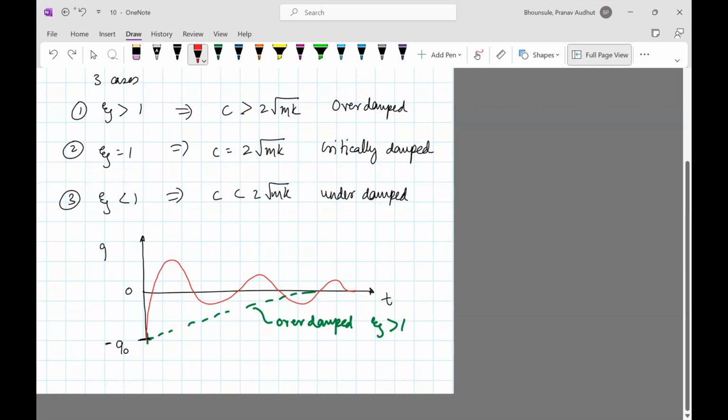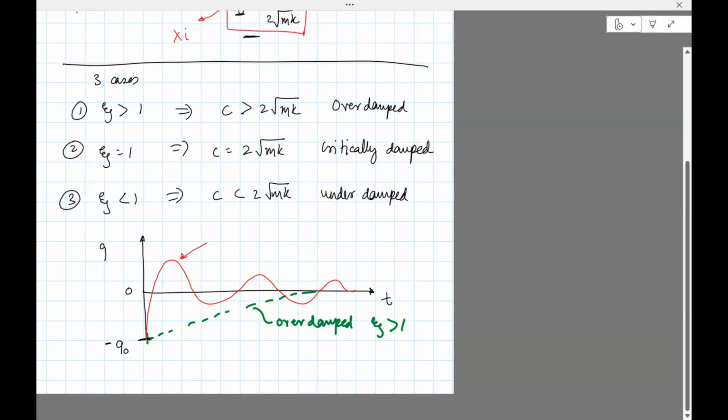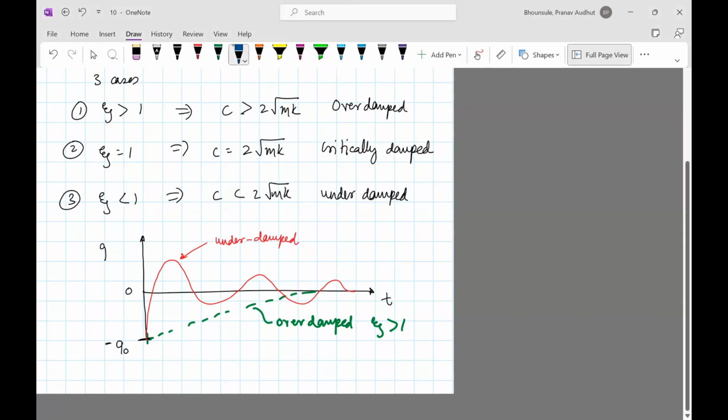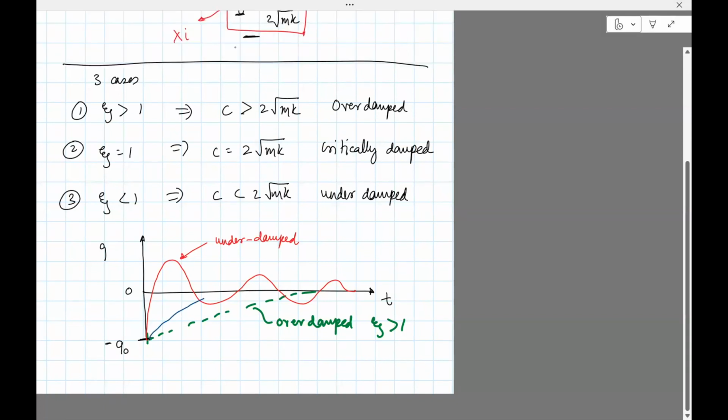This is underdamped. And then the final one is critically damped, psi equal to 1. That would be something like this.